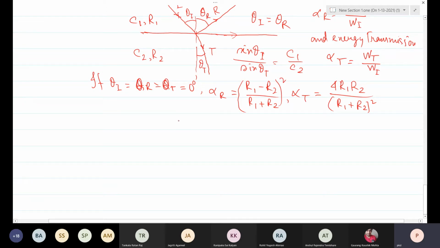So by decomposing this acoustic wave displacement field along this boundary and also perpendicular to this boundary, we can derive this relation. Maybe we can show it in some way.